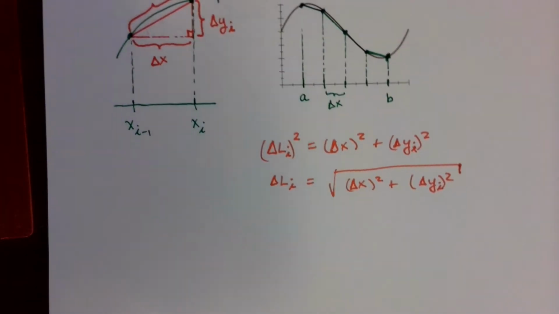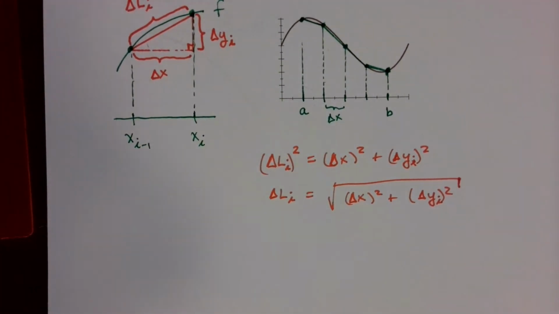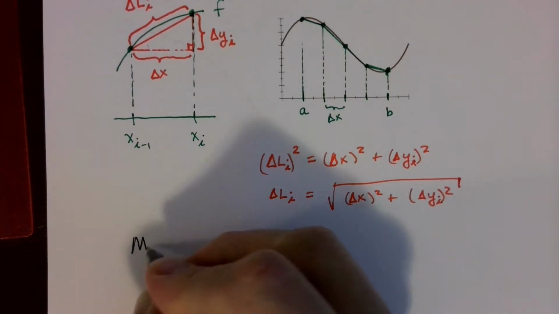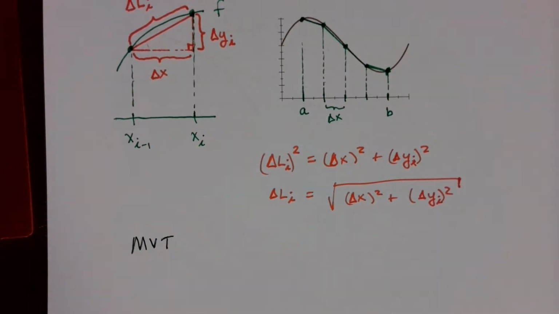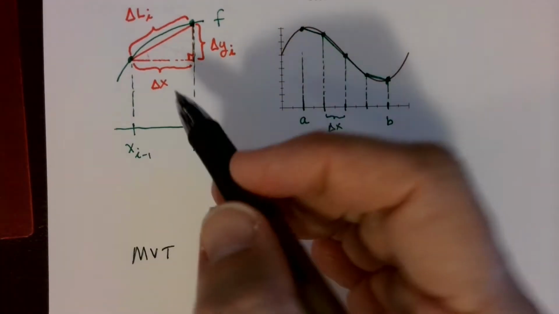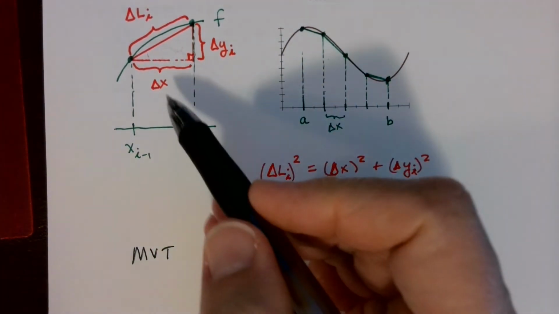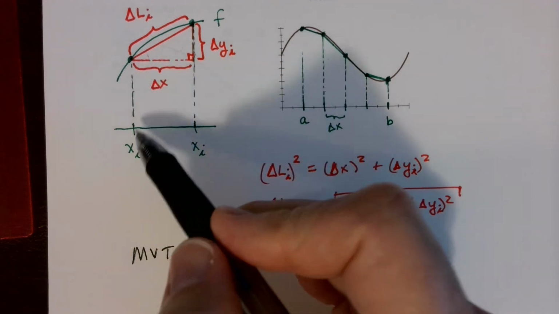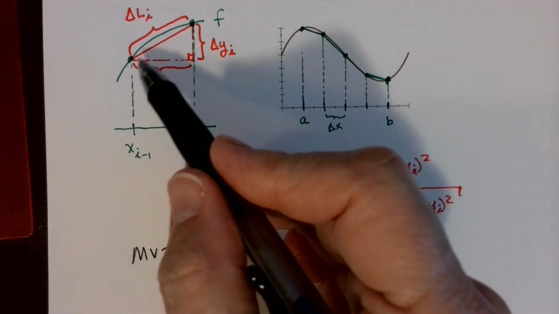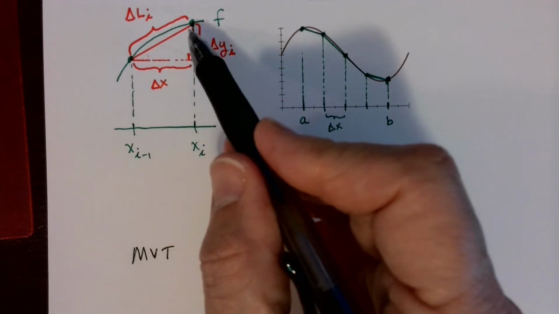Now here's the thing. What we are going to make use of is the mean value theorem. If you remember, the mean value theorem says that on any interval where a function is continuous and differentiable, the derivative, or the instantaneous rate of change, at one point on this interval will equal the slope of the secant line, or the average rate of change of the function.